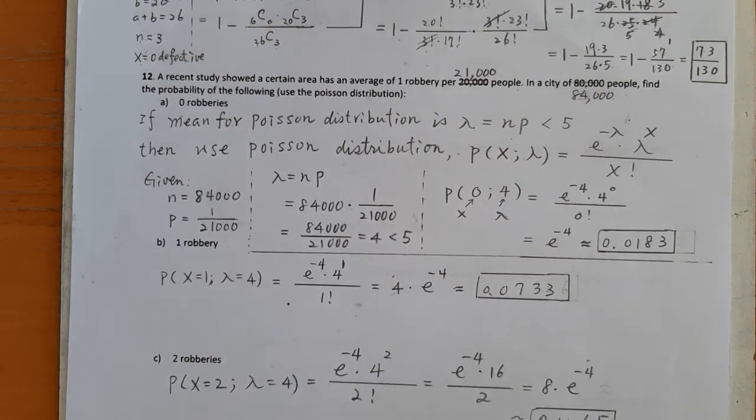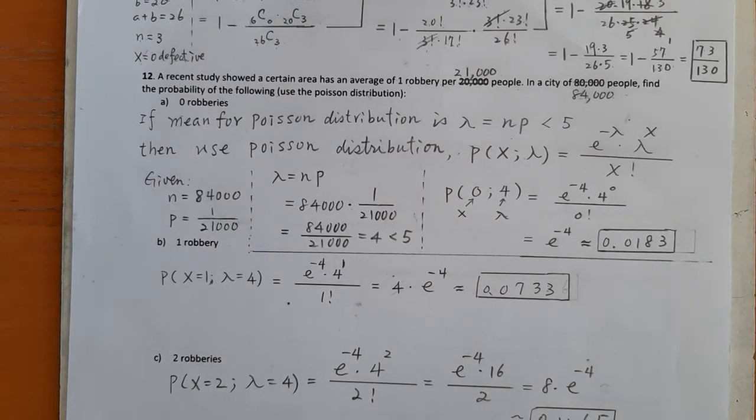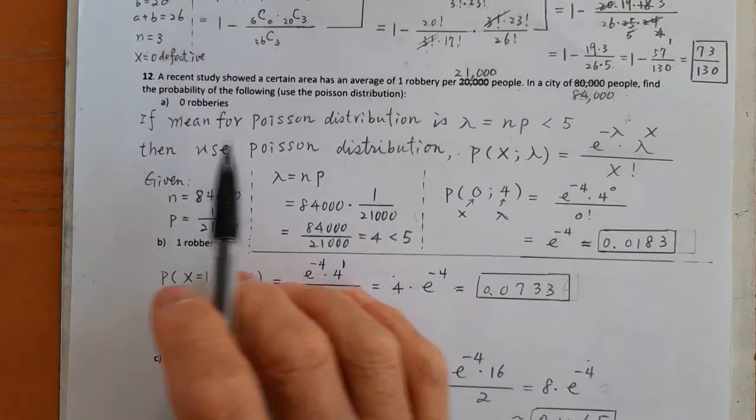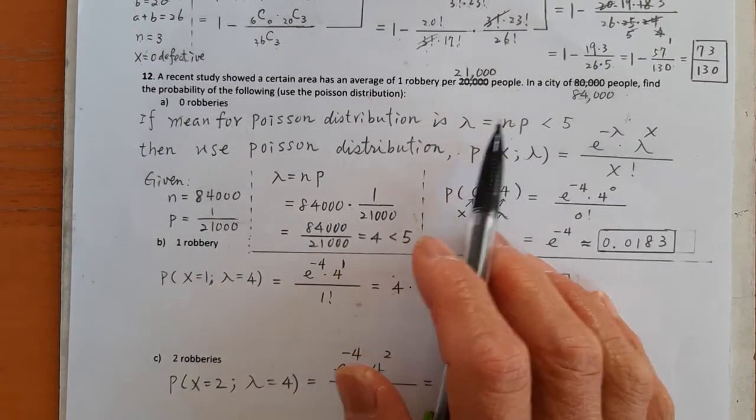Poisson distribution is a specific case of binomial distribution. Poisson distribution is when the mean is also n times p.